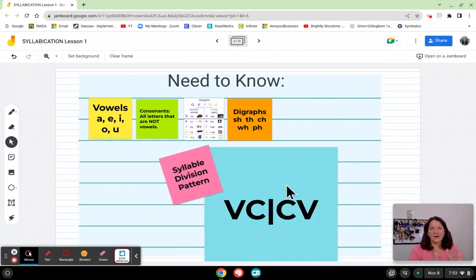And finally, our syllable division pattern that we're working on today is right here, and it's VC/CV, which stands for vowel, consonant, split, consonant, vowel.